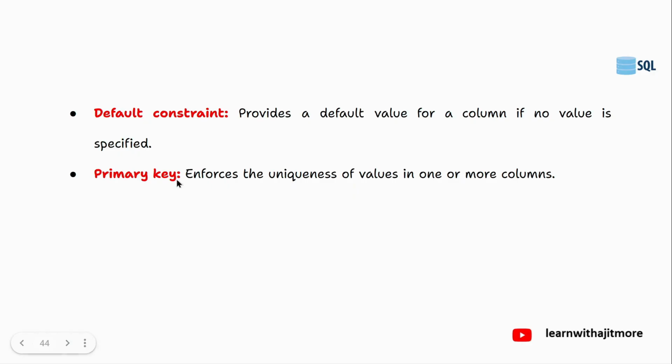Then primary key. Primary key is unique plus not null. It ensures that the column value is distinct as well as not null. Can we have more than one column as a primary key? No, more than one primary key cannot be there.